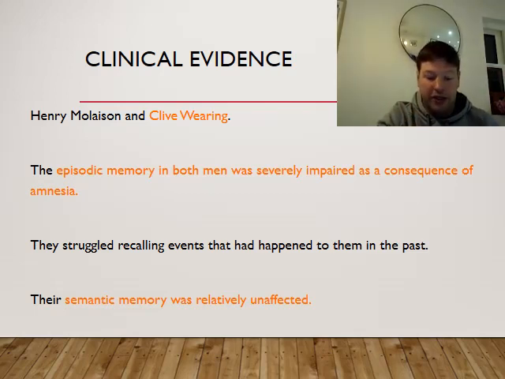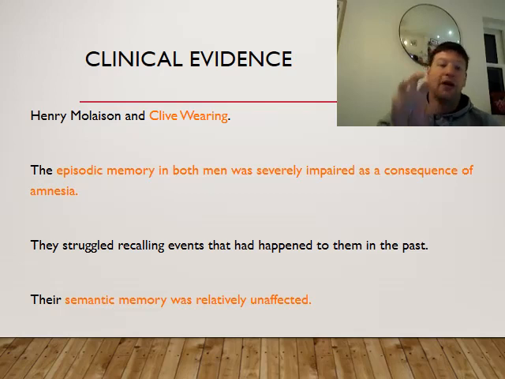So how we use this here to provide evidence is that it shows that there are different types of long-term memory. So he could remember certain things and not others. And this shows that his episodic memory was severely impaired, but his semantic memory remained relatively unaffected.